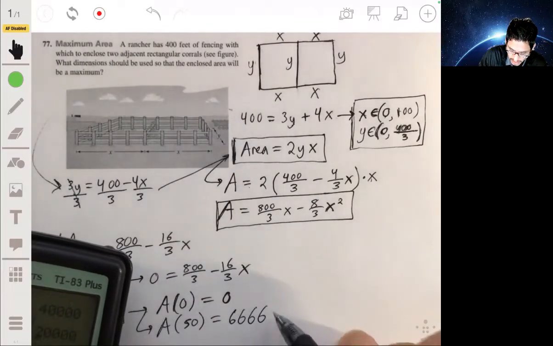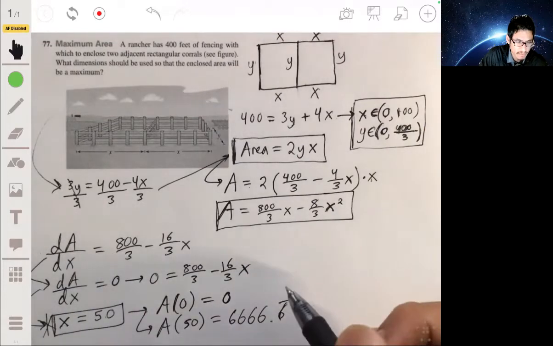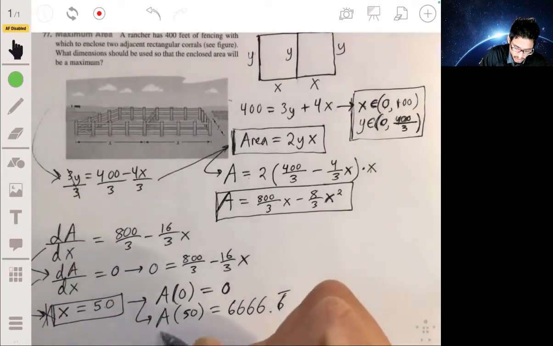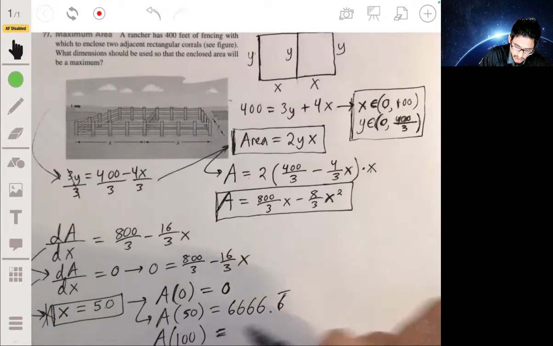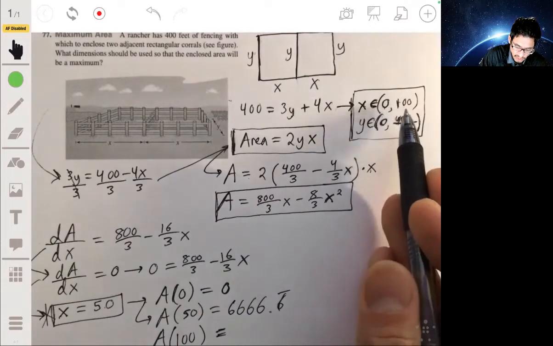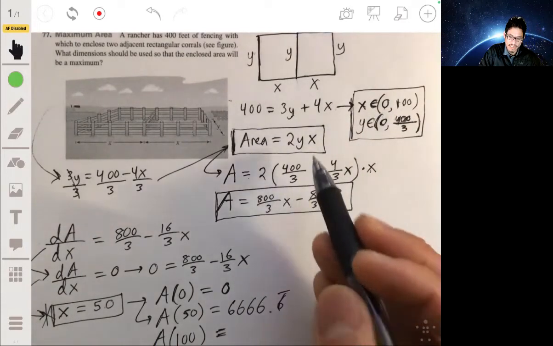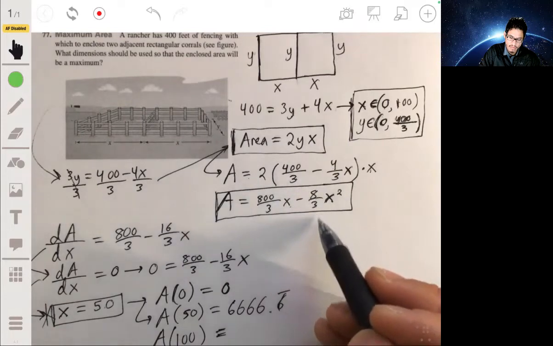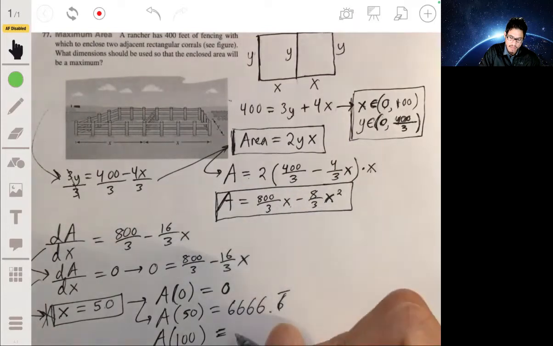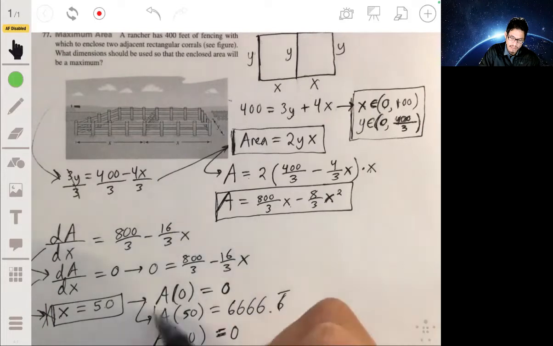I don't like this number repeating. Then if I compare it to the area when x is 100, or up to 100, we again get 0. So the maximum occurs here. This will be the maximum.